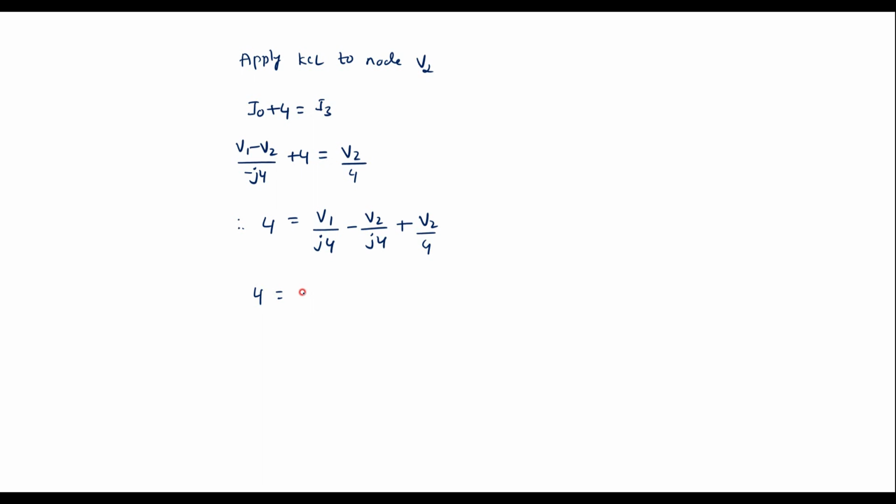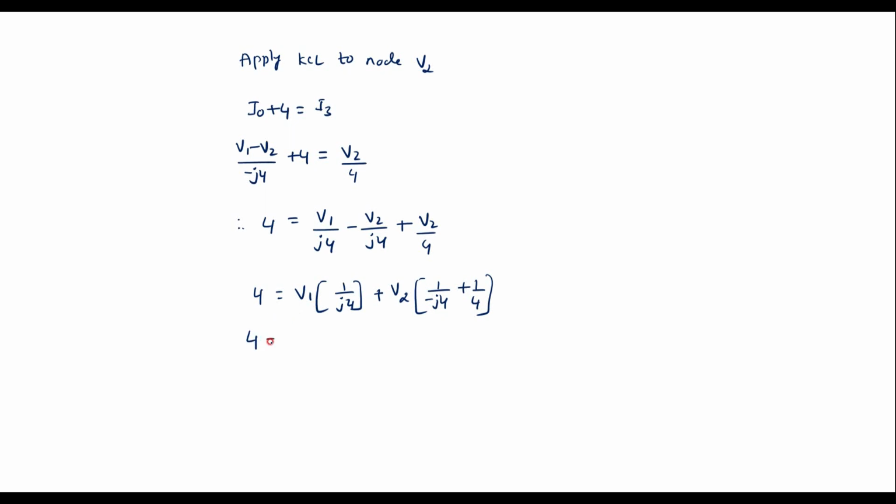I can write 4 is equal to V1 times 1 over j4, plus V2 times (1 upon minus j4 plus 1 over 4).